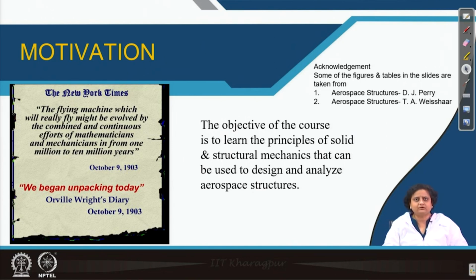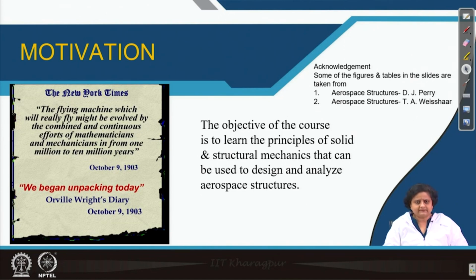Why do we have a dedicated course on aircraft structure? In this course, we will be utilizing the already known concepts of solid mechanics, structural mechanics and theory of elasticity to analyze and design aircraft structures, which are primarily thin wall structures.